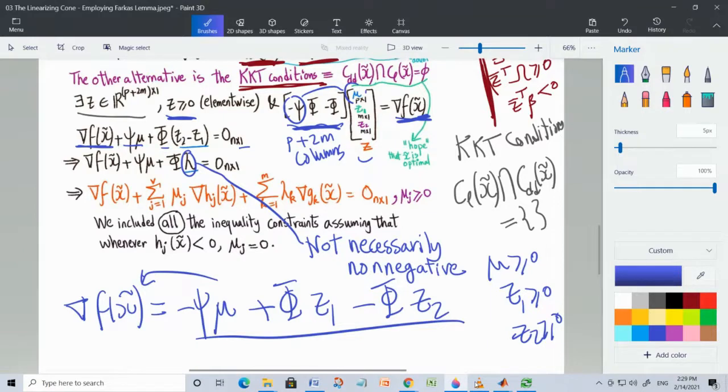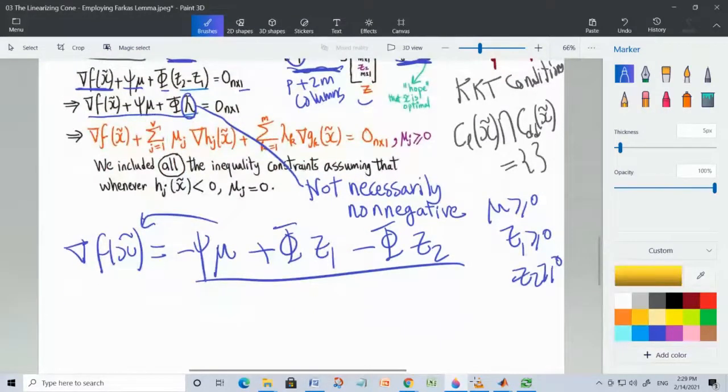Okay. And so I will expand this because we know psi and we know phi. Okay, so I will write this plus psi mu. So here we have the sum over j from 1 to b of mu j, and then we have the gradient.